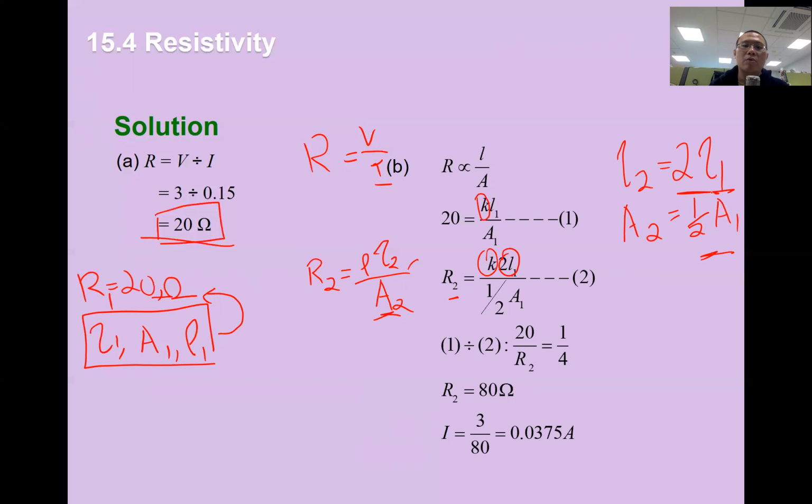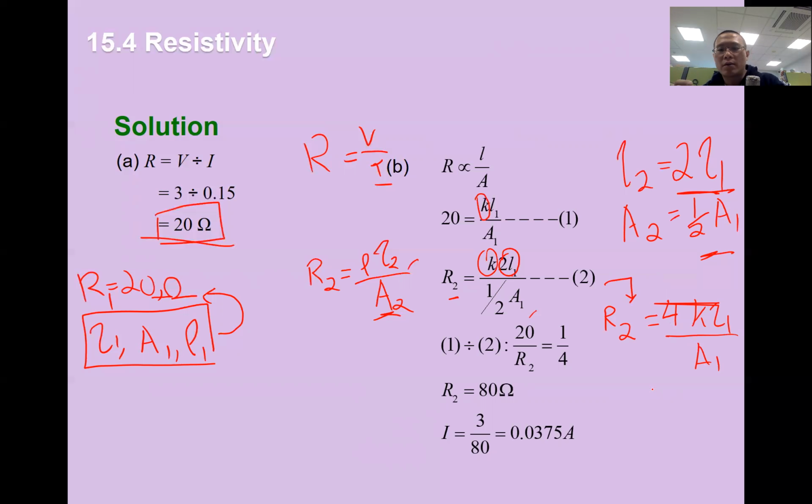So now I substitute back into the equation. From this step to here, I do a bit of simple manipulation, so you end up with R2 equal to 4 times K L1 over A1.